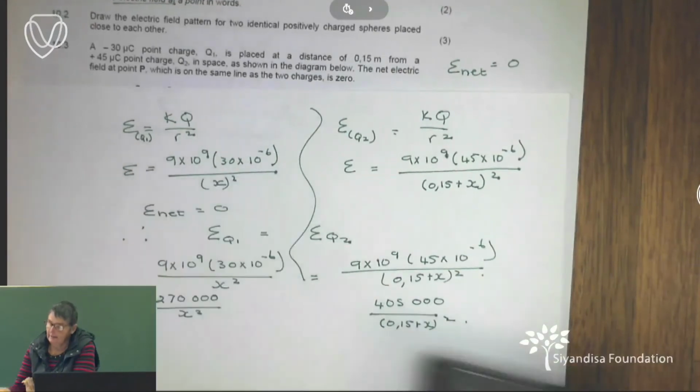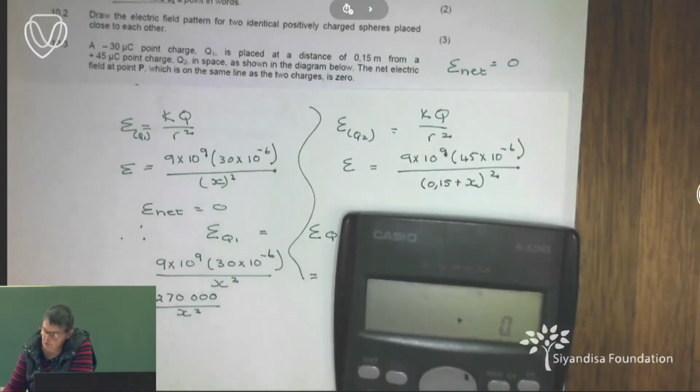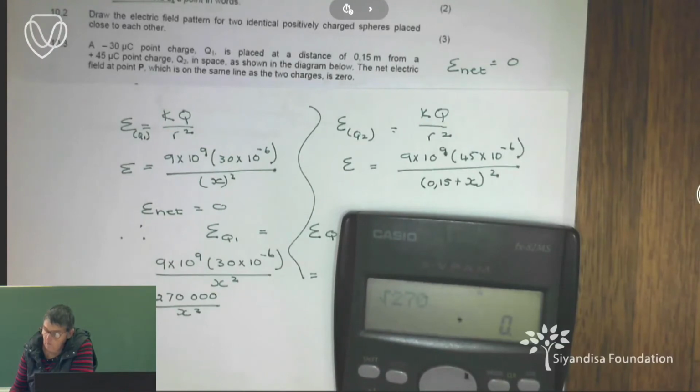Right. I think the easiest thing for us to do over here is basically if we remove the square root, okay?